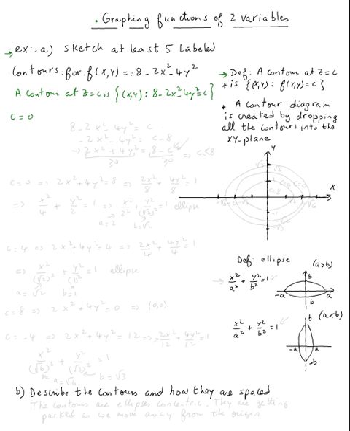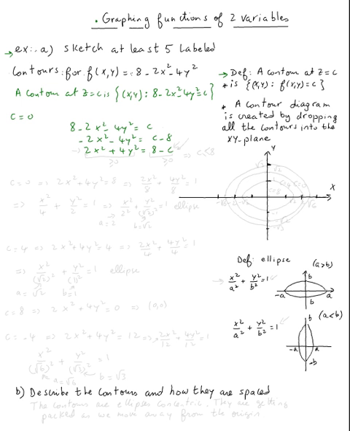Before we do that, let me just say, if we solve, 8 minus 2x squared minus 4y squared is equal to c. This means that negative 2x squared minus 4y squared is equal to c minus 8. Now divide by negative 1. You'll get 2x squared plus 4y squared is equal to 8 minus c.